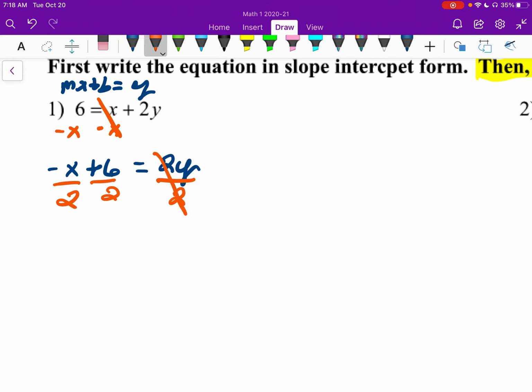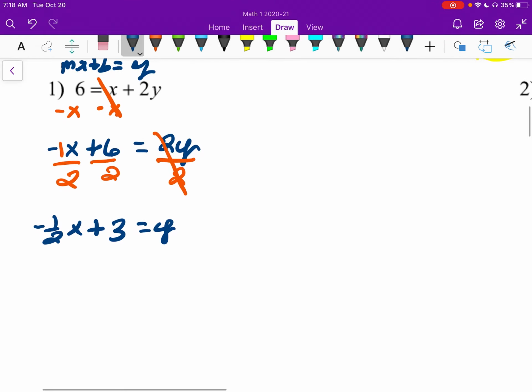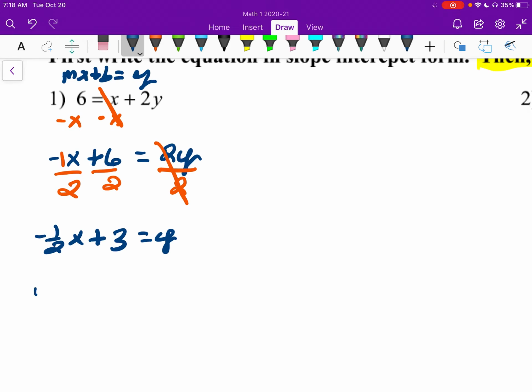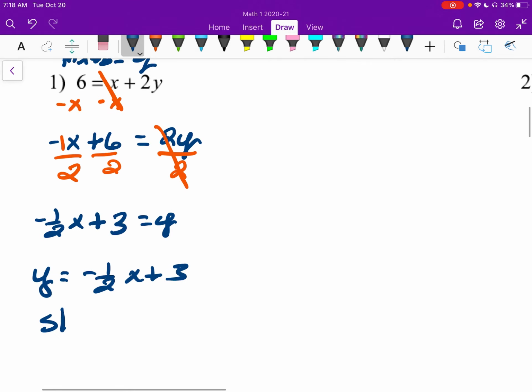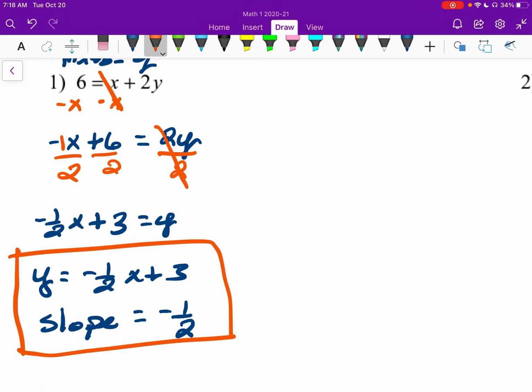We can remember that we have really a negative 1 there in front of our x. So it's going to be negative 1/2 x plus 3 equals y. And just to rewrite that, it will be y equals negative 1/2 x plus 3. And our slope equals negative 1/2. So our actual answer is going to be that.